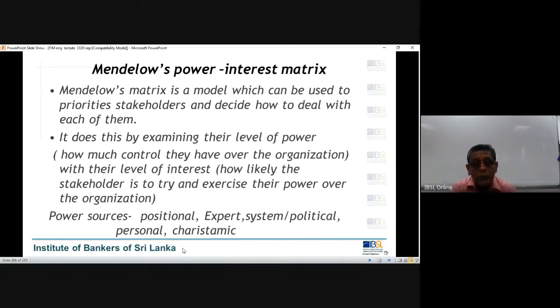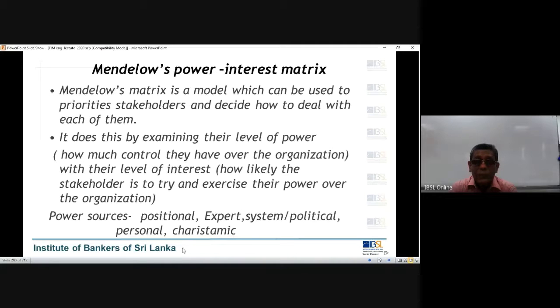who your main stakeholders are and what priorities you need to give them. So how much control they have over the organization. We need to look at the level of power your stakeholders have. We learned what the power sources are: maybe positional power, judge, some expert, some political person, charismatic person.